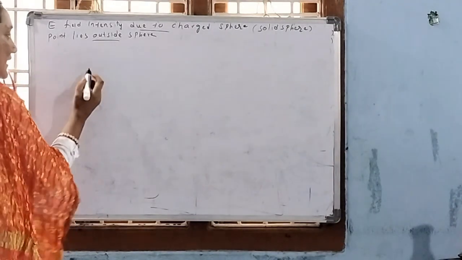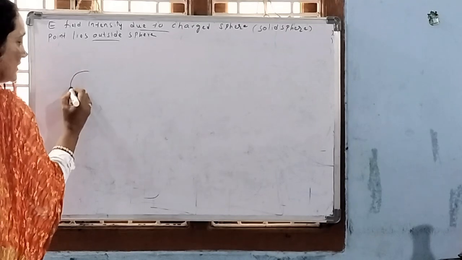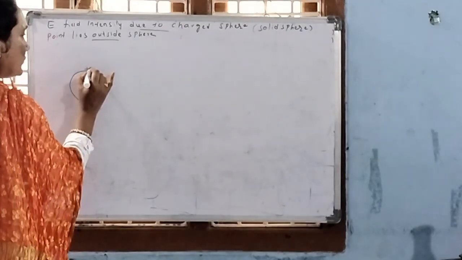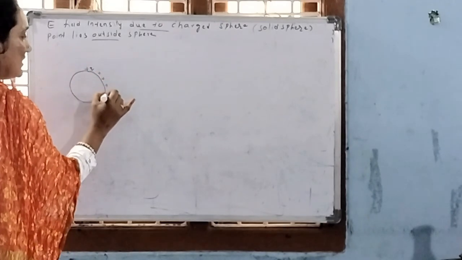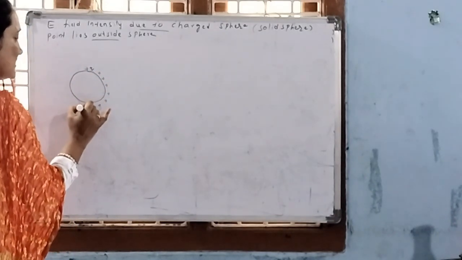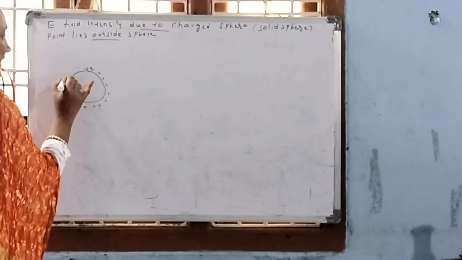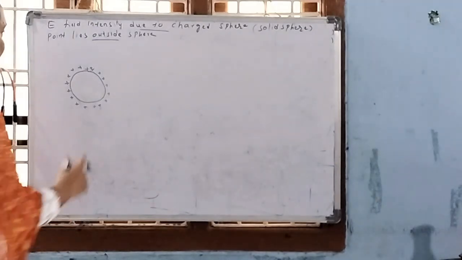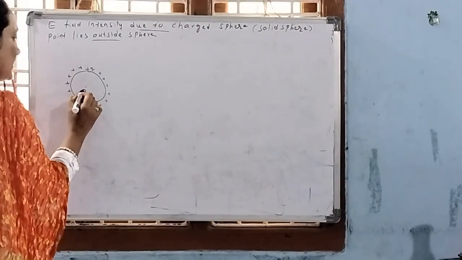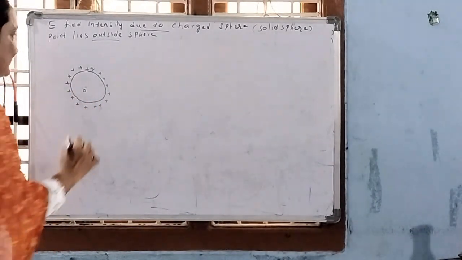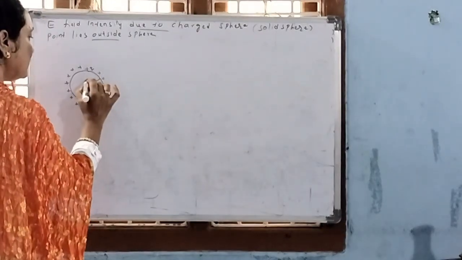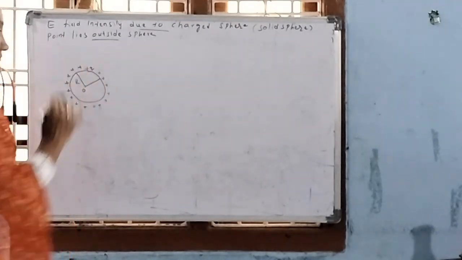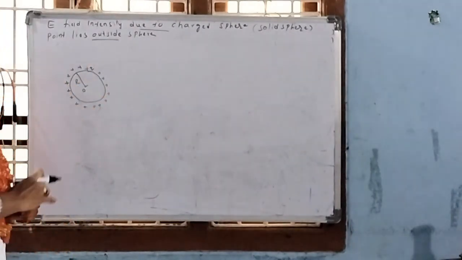For this, let us consider a solid sphere. A charge Q is uniformly distributed on this sphere. Let O be the center of the sphere and R be the radius of the sphere.